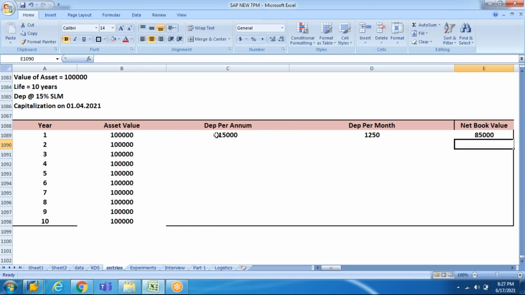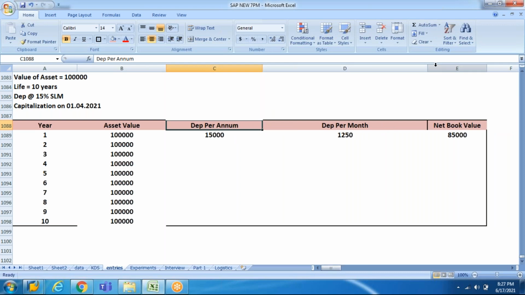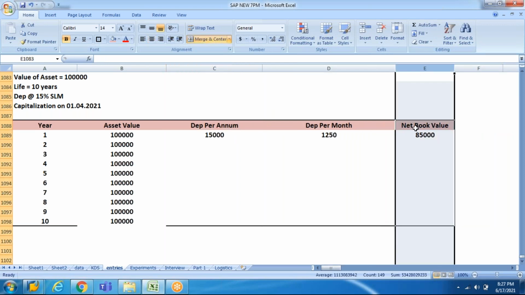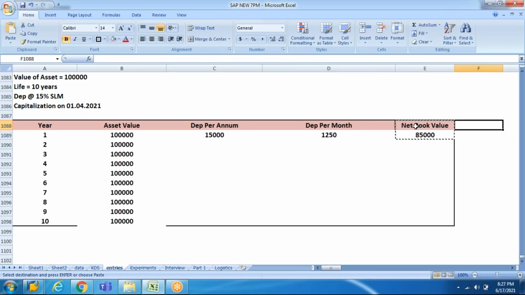Now, let me also add one more field here. Accumulated depreciation, so that it will be clear for everyone. Now, accumulated depreciation is the previous year's depreciation.